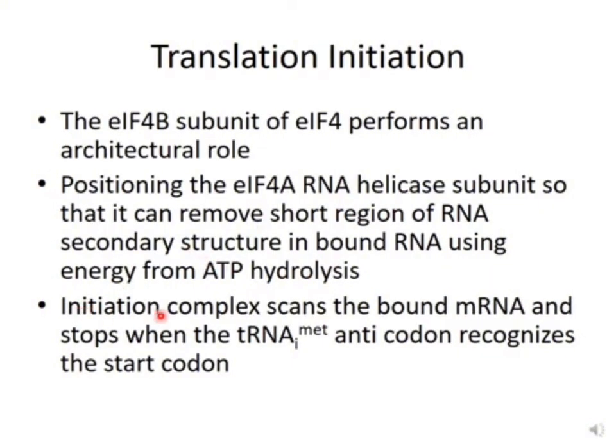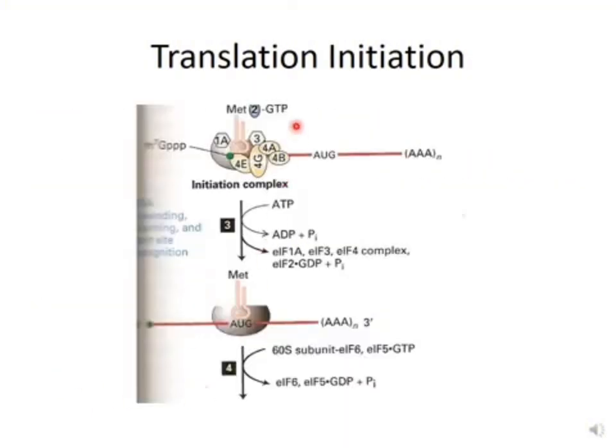The initiation complex is going to scan the bound mRNA, and it's going to stop once the tRNAi methionine anticodon recognizes the start codon, which is the AUG present on the mRNA.